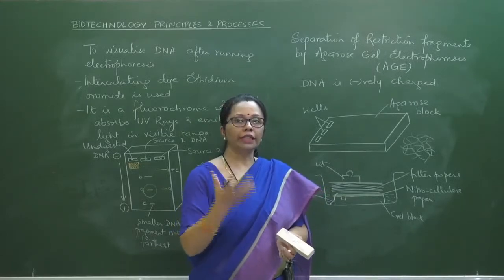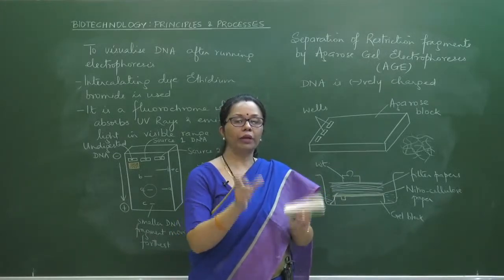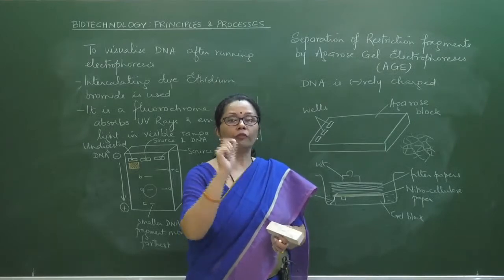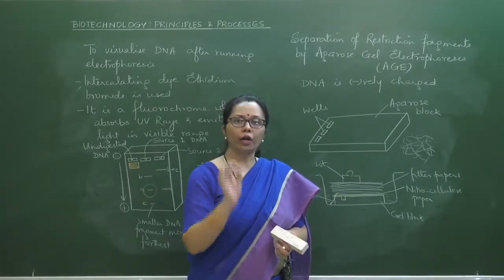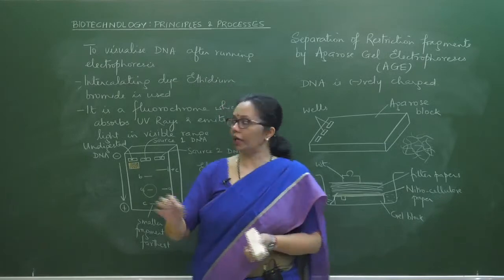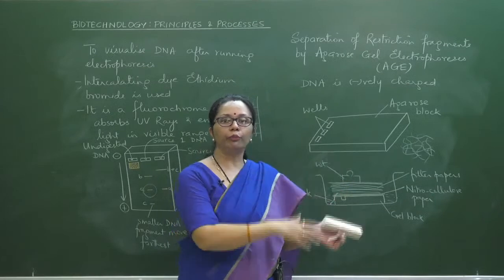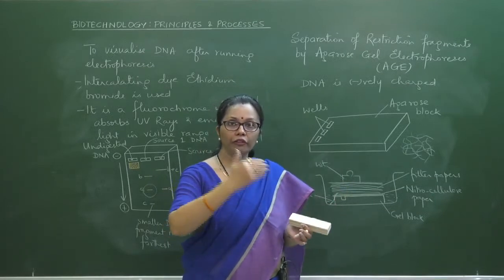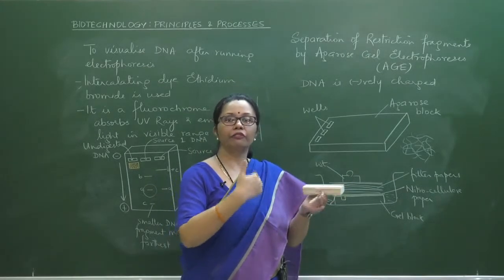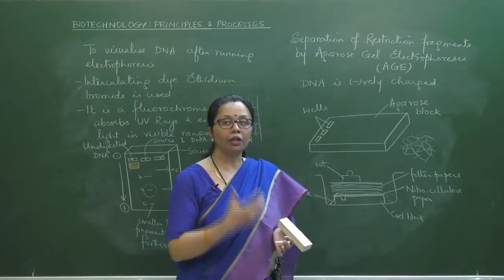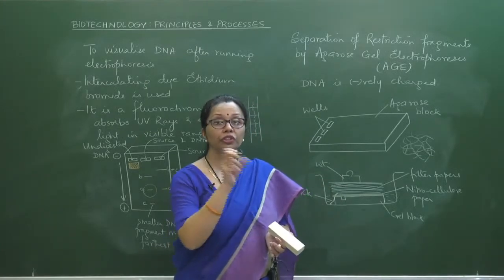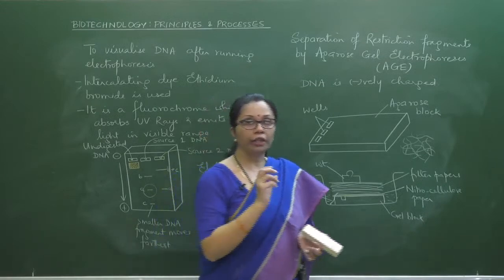So the complementary sequence is taken, and that complementary sequence is in the form of a single stranded RNA or DNA that is once again attached to a fluorochrome or a radioisotope, and that will be put on it. So wherever it will find a complementary, there it will attach and hybridization will occur, and from that we will come to know which is the DNA that is actually targeted.